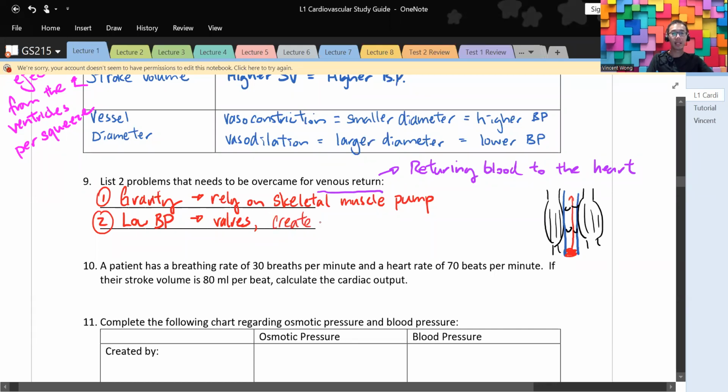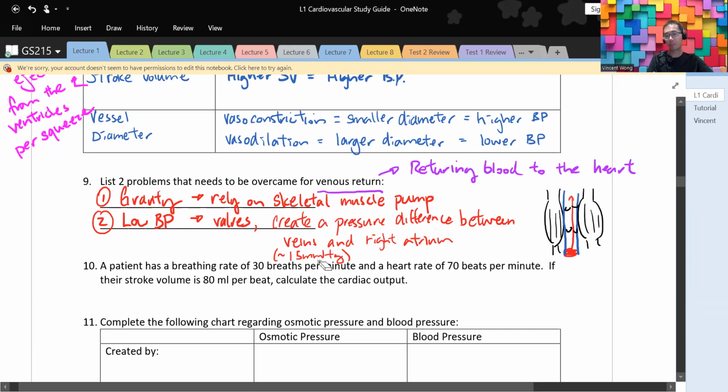if we create a pressure difference between veins and right atrium. So in the veins it is about 15 mmHg, millimeters of mercury.